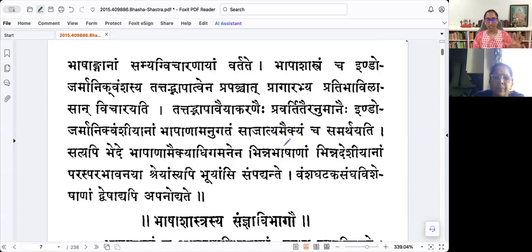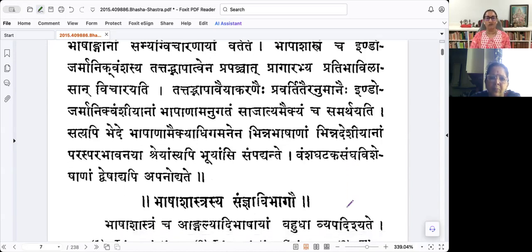Satyapi bhede bhashanam aikya adhigamanena bhinna bhashanam bhinna desiyanam paraspara bhavanaya shreyamsi bhuyamsi sampadyante. So even though there are so many differences, we are trying to get an understanding of each other. Paraspara bhavanam tatra vardhayitum evam vicharah kriyate. So vamsha ghataka sangha visheshanam dveshadi api apanodyate.